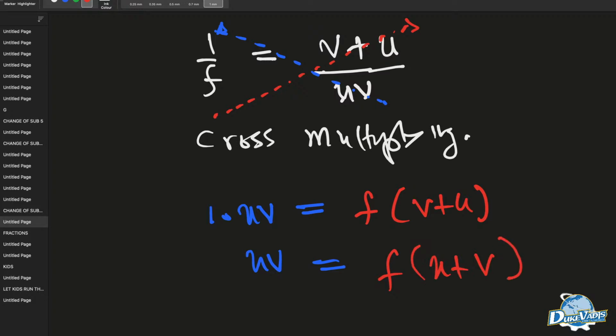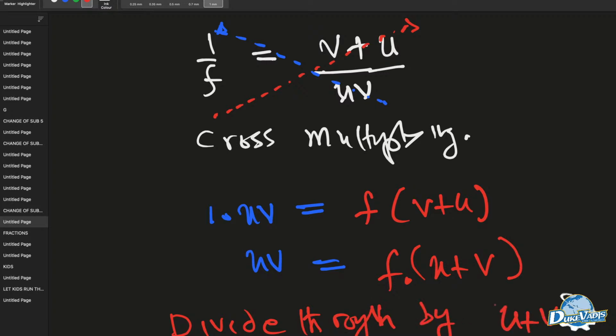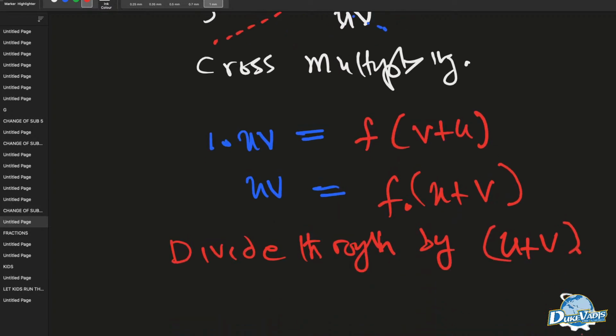Okay, so we want to make f the subject. You see, this one is multiplying u plus v, so we divide through by u plus v. Friends, so our equation now, I'm going to replicate exactly what I see over here.